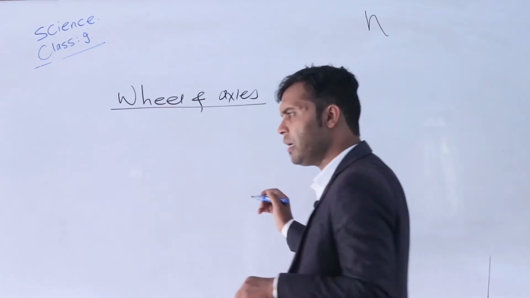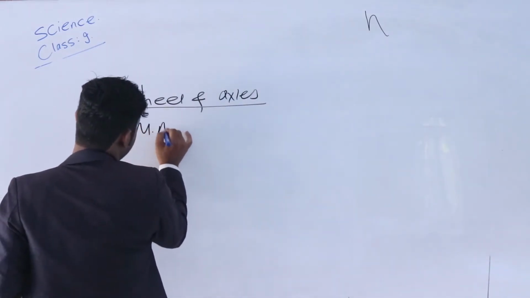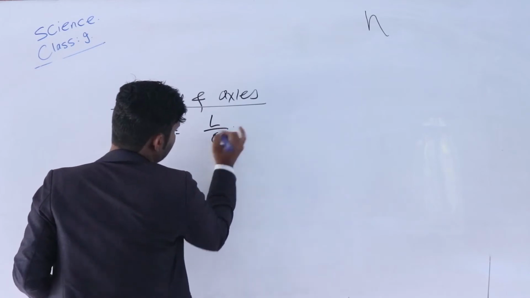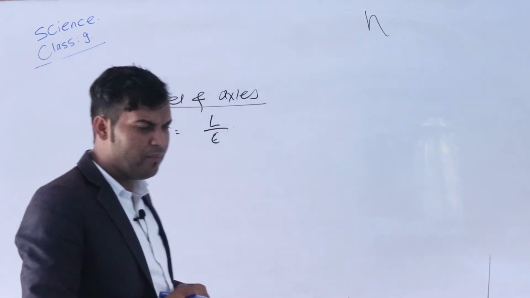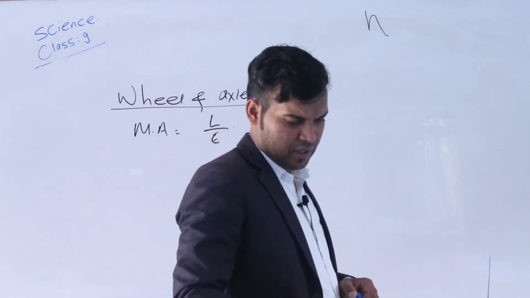Okay, MA is equal to load upon effort. MA of wheel and axle is the load and effort.